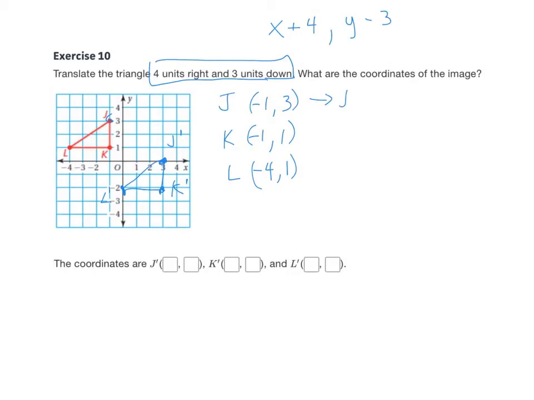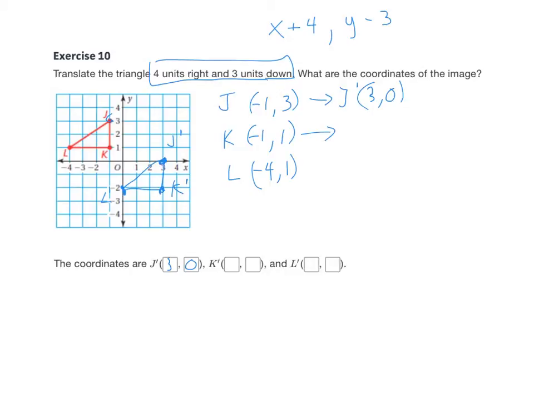J prime, if I just take my x value and I add 4 to it, negative 1 plus 4 is 3. And my y value, I'm going to minus 3 from it. So 3 minus 3 gives me 0. So we should have 3, 0 for J prime.